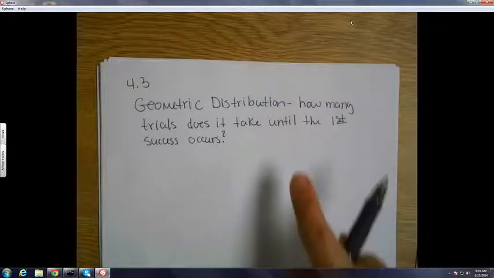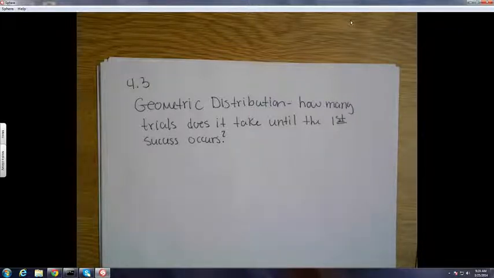On a geometric, it might say, how many times do you have to flip a coin until a head occurs? So it could say, what's the probability that the first head you flip happens on trial number 4? So it's where the first success is happening. Not how many successes, but where the first success happens.